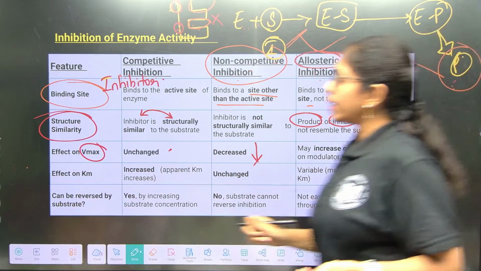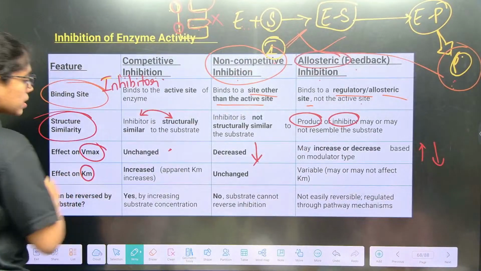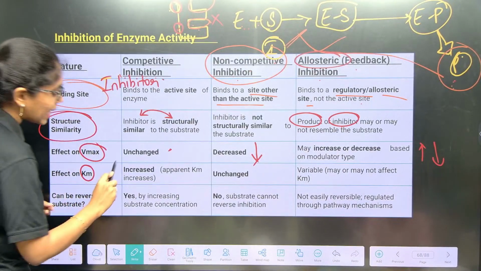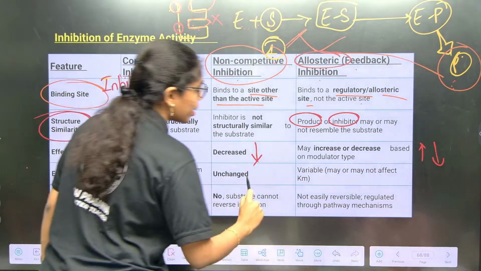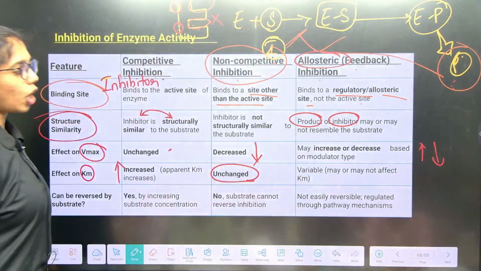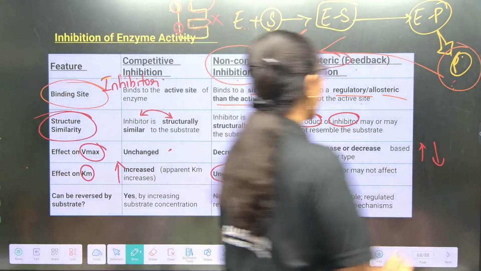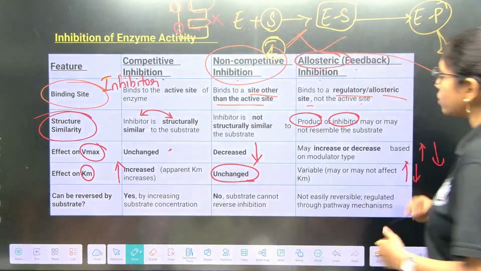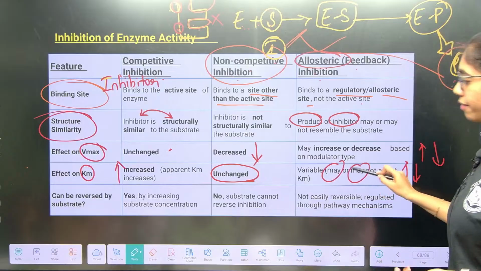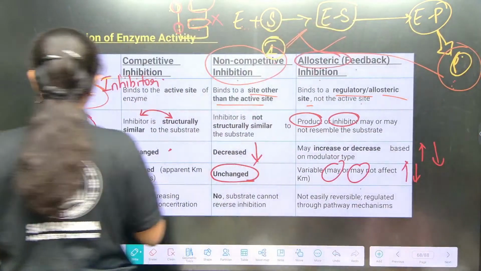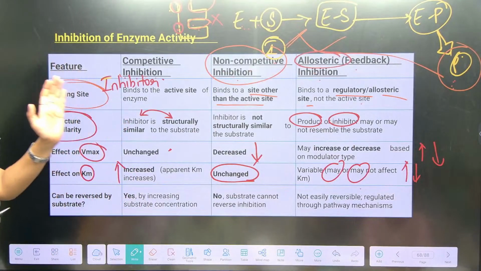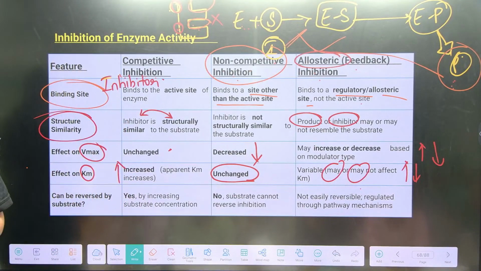And then effect on Km: the substrate concentration needed is increased in competitive inhibition. Km remains unchanged in non-competitive inhibition. This is variable again, it can increase or decrease, it may or may not be affected in allosteric inhibition. How Vmax and Km are affected in competitive, non-competitive, and allosteric inhibition is important.